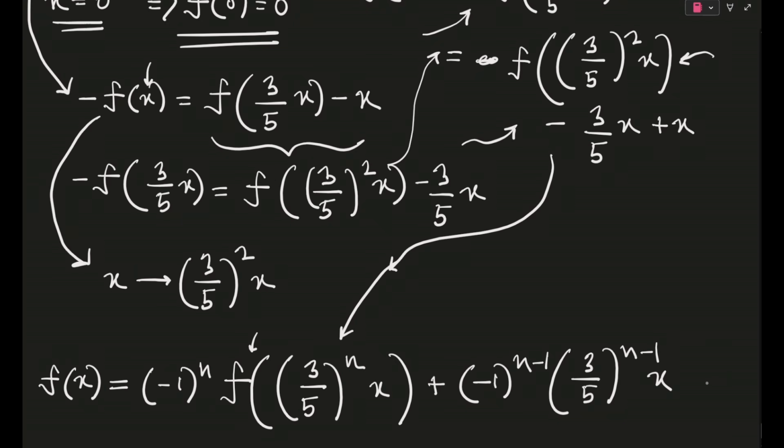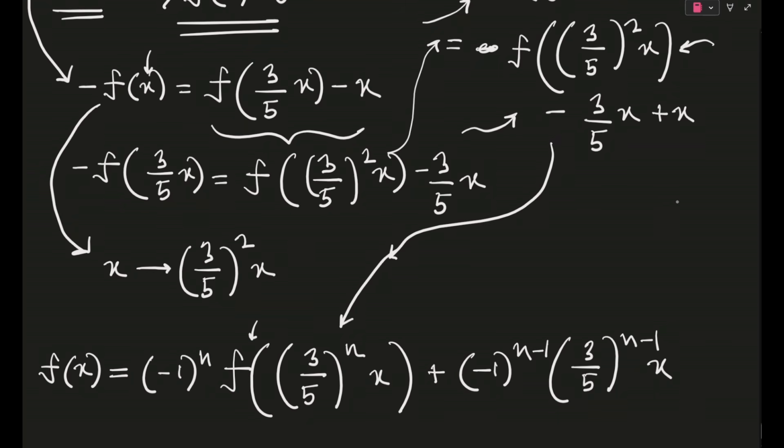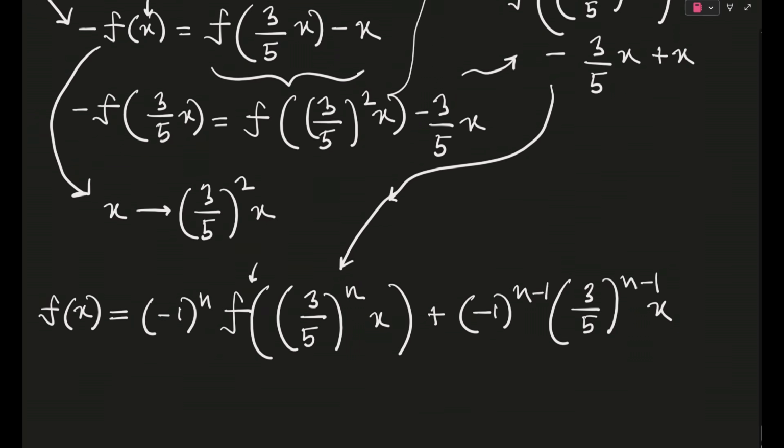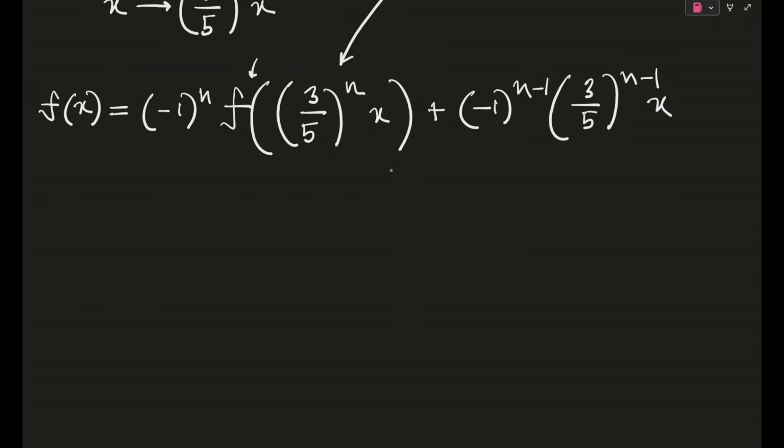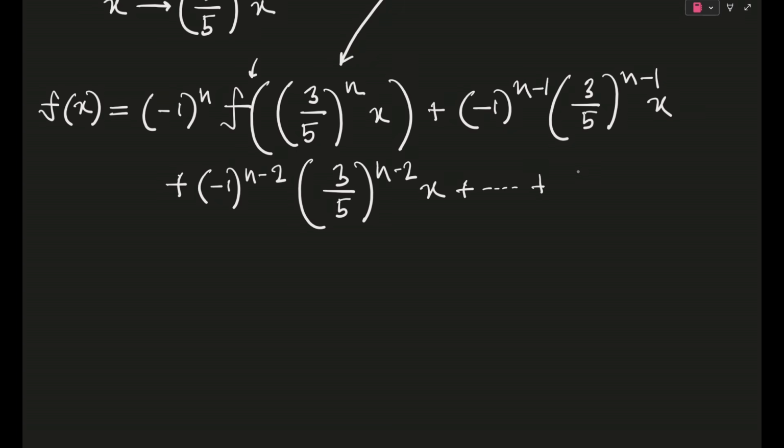The next term will be plus minus 1 power n minus 2, (3 by 5) power n minus 2 into x, and so on. This will go on till dot dot dot 3 by 5x plus x. Sorry, not plus, this is minus.